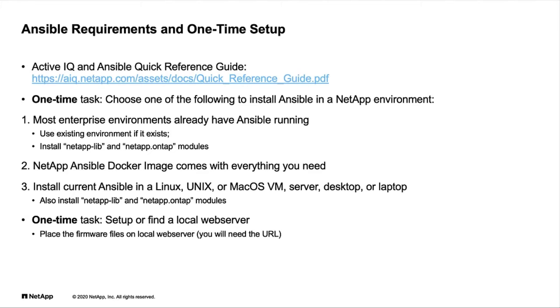You don't need to do anything else. Or you could just install Ansible. It runs on Linux, Unix, or Mac OS, and then install those previously mentioned 2 NetApp libraries. You will also need a local web server to put the firmware image and disqualification files on. When you run the playbooks, they will ask for the URL to that image.